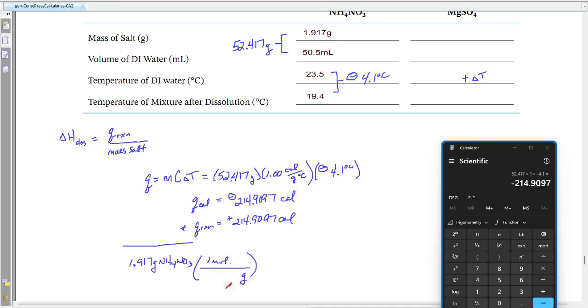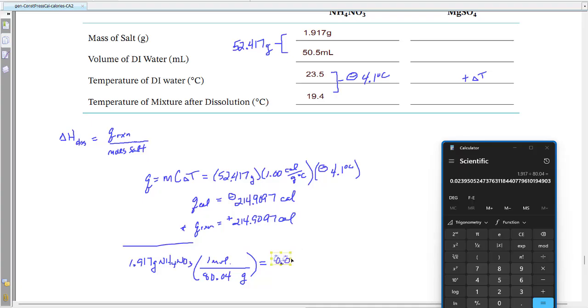So if I add up my nitrogens and hydrogens and oxygens, I'm going to get that it has a formula mass of 80.04 grams per mole. And when I divide those, 1.917 divided by 80.04, I'm going to get an itty bitty number of moles.